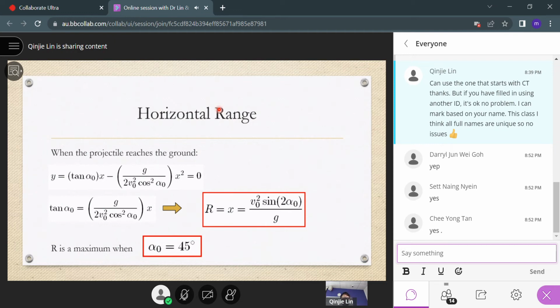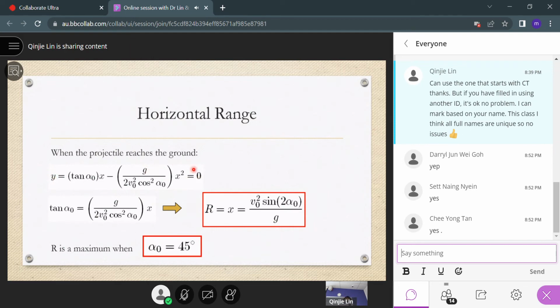This is the height. So we're going to set some criteria to find the range. When the projectile reaches the ground, y will be 0. Remember this equation, this is the trajectory from just now. So the criteria to know the range is that you can set y equals 0.